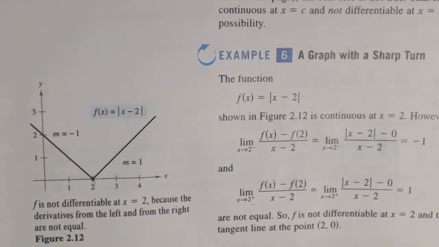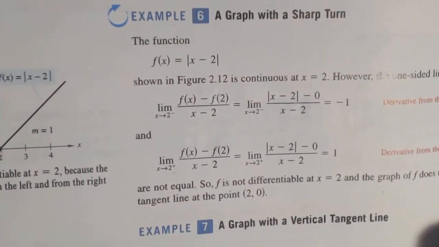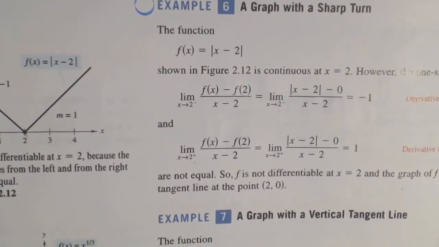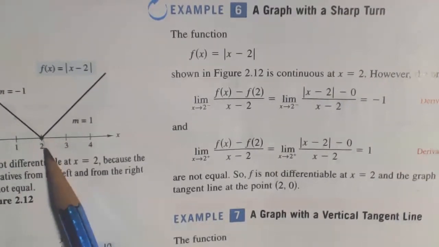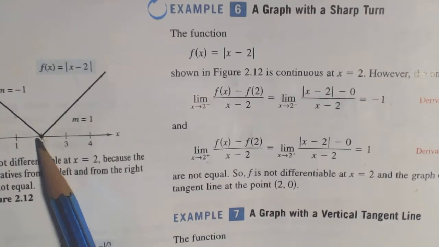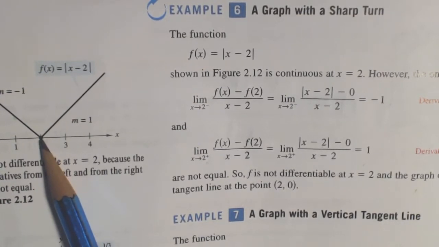Okay, so what they're doing here, I just wanted to explain, if we attempt to read through what they're trying to show. They're trying to show that this function is not differentiable at x equals 2. We can see it because we see the graph and it has a sharp point. But how could you do a limit proof with a formal definition, in this case the alternate definition of the derivative?